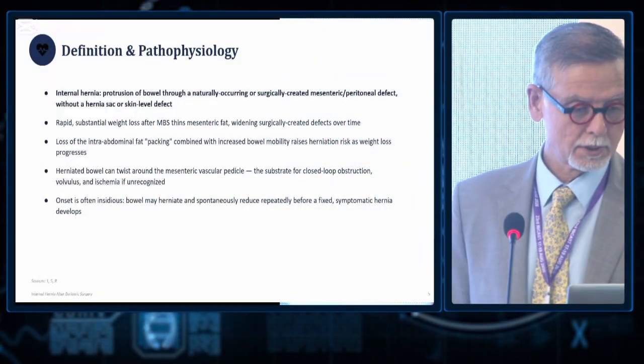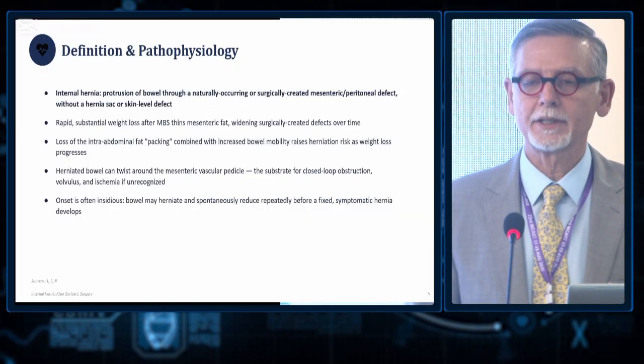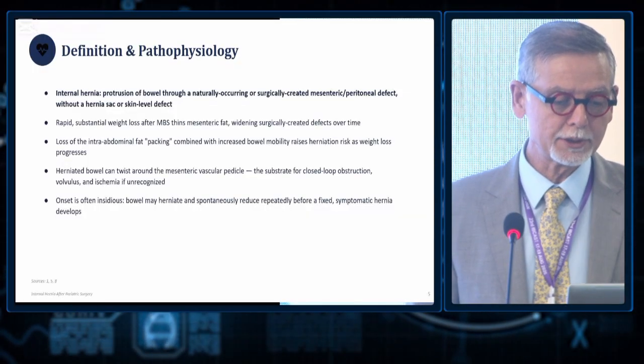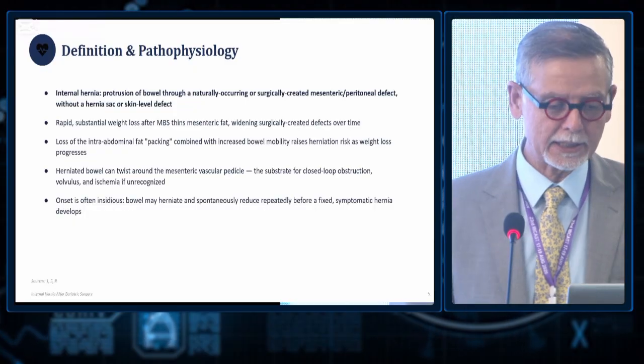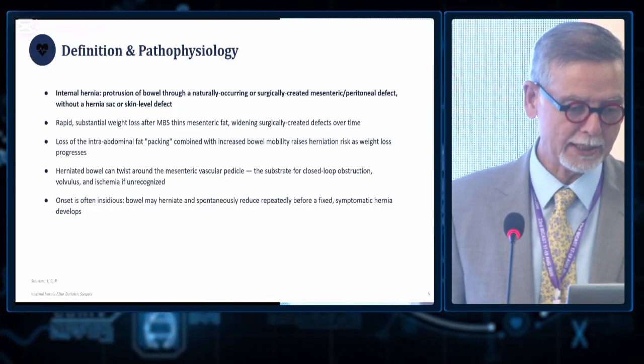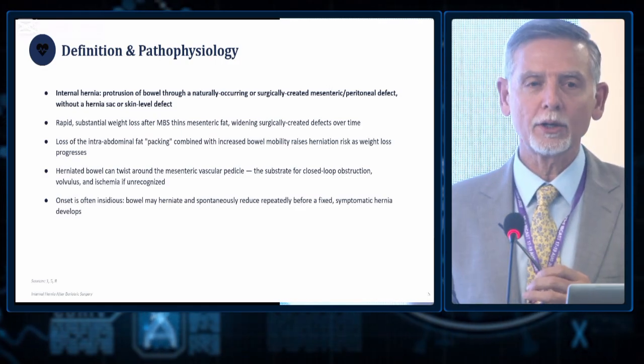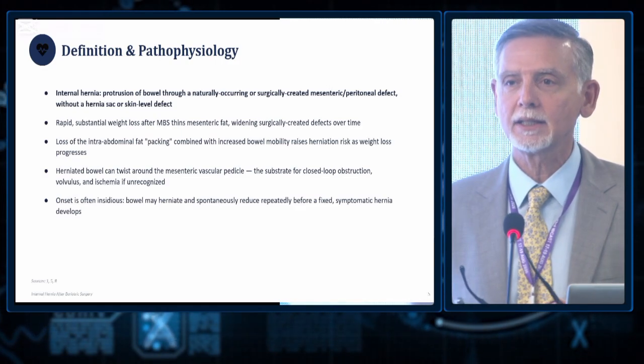So internal hernia, like the definition of any hernia, is a protrusion through a naturally occurring or surgically created defect but has no bump on the skin. So that's an internal hernia. The common factors: rapid weight loss, loss of fat inside.